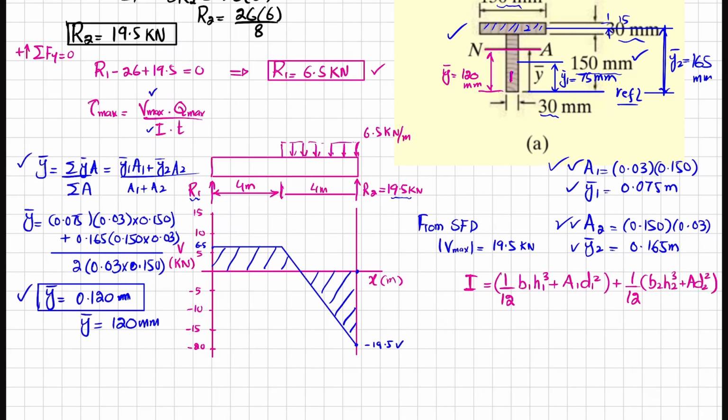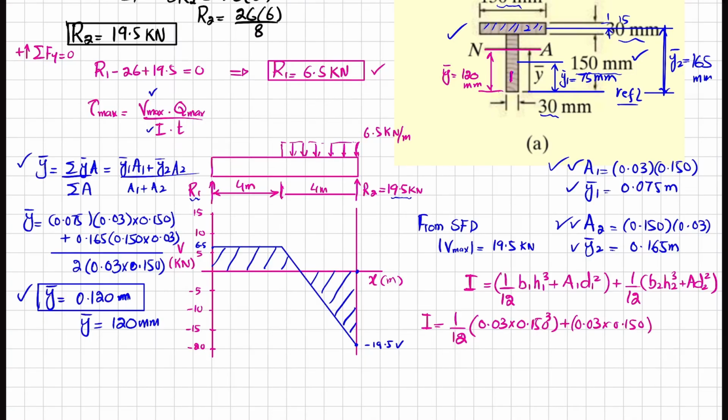So how we'll find this? So let's put the value 1 over 12. What is the height of this, base of this? So base is 0.03 meter and height is 0.150 meter. These values are in millimeters, so we will convert this. I can write 1 over 12, base is 0.03 and height is 0.150 cube plus area. Area is this base, which is 0.03 and height is 0.150.